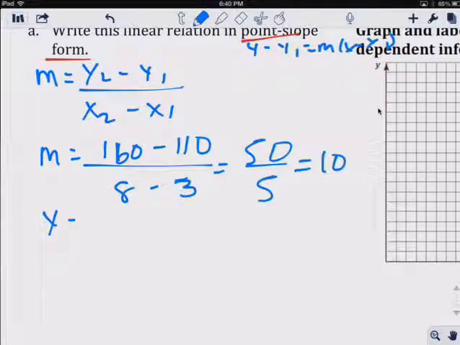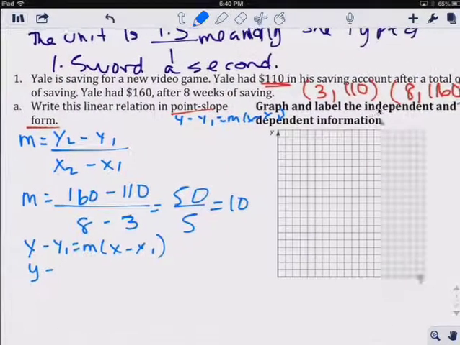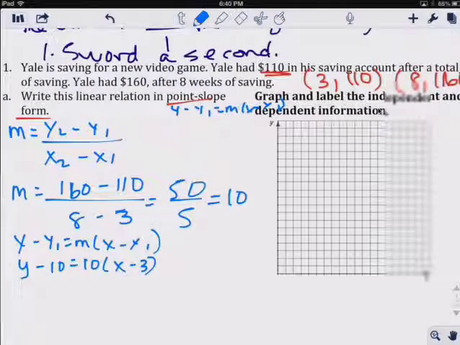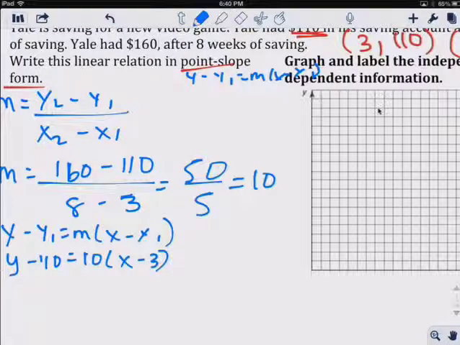Point slope: y minus y1 equals m parentheses x minus x1. Y minus, I'll use 3 and 110. Let's check. Oh, that's 110.